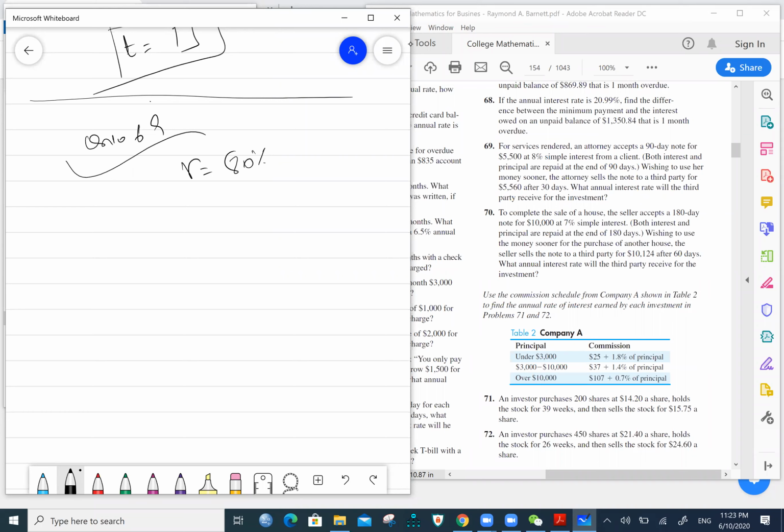Wishing to use her money sooner, the attorney sells the note to a third party after 30 days. What annual interest rate will the third party receive for the investment?